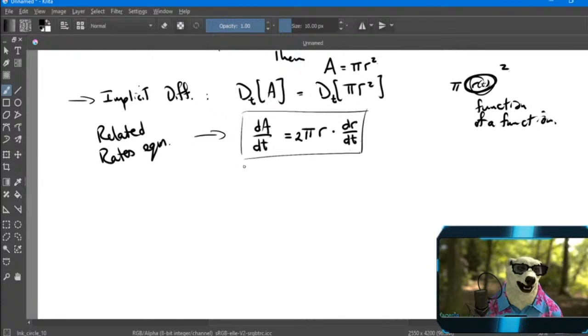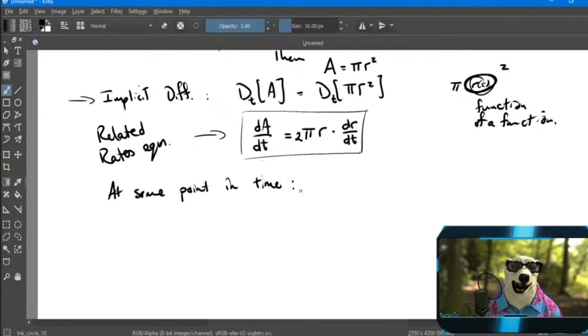Now, the rate of change of the area and the rate of change of the radius itself are potentially changing over time. I don't know their detail. I just know they are related like this. So at some point in time, even though these things are changing individually, they're connected in some way.